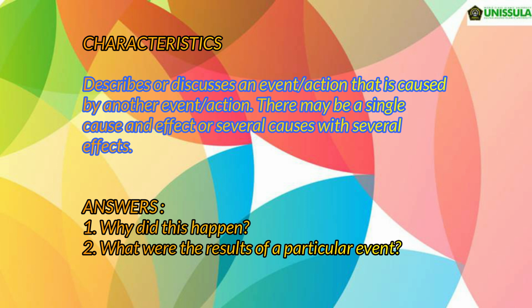The pattern here will answer the WH questions why and what. For example, the question why did this happen? And the second question, what were the results of the particular event? These are the two questions that are familiar as the characteristic of this pattern.